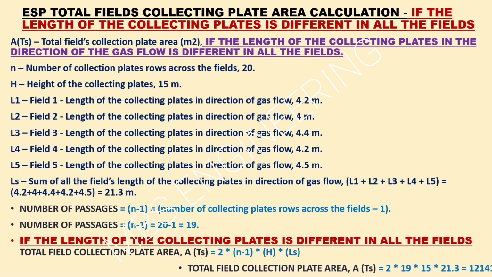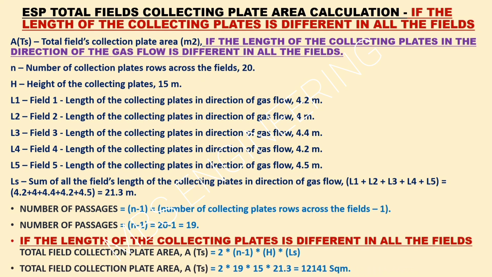ATS is equal to 2 multiplied by 19, multiplied by 15, multiplied by 21.3. Based on the above equation, the total fields collection plate area ATS is equal to 12,141 square meters for this ESP system.